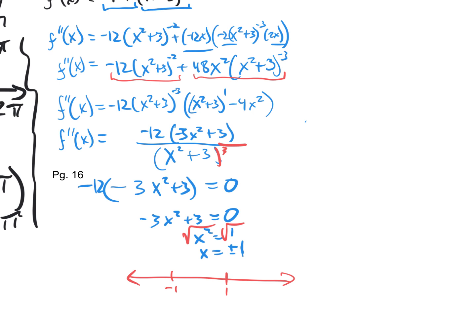Let's factor out that -3. If we pull out a -3 from both of these, -3 times -12 gives us positive 36. We got 36 out here. X squared minus 1.